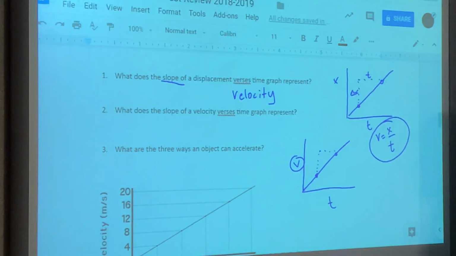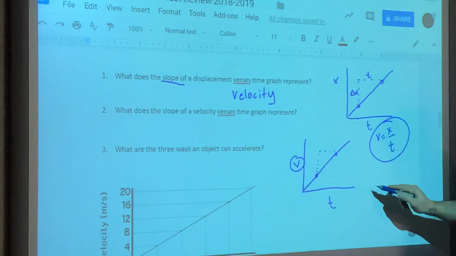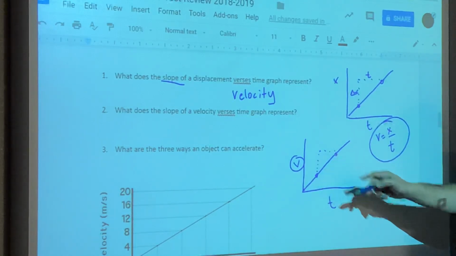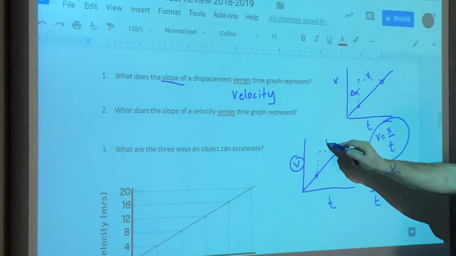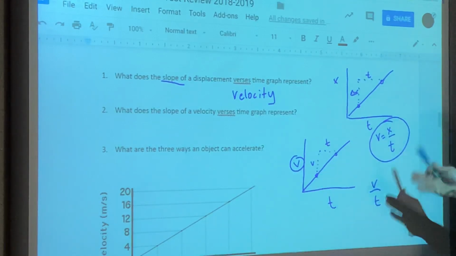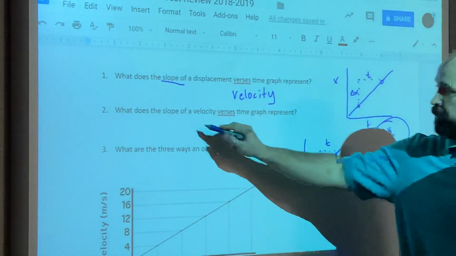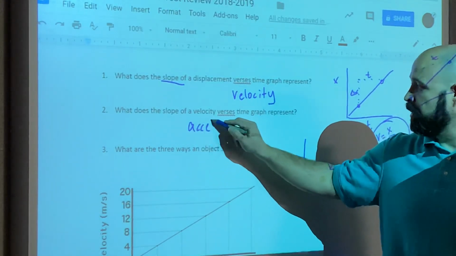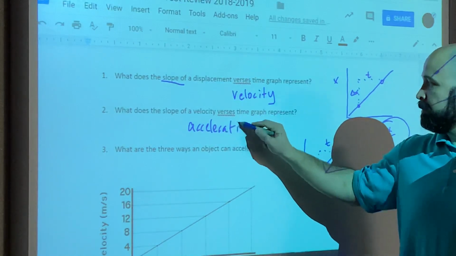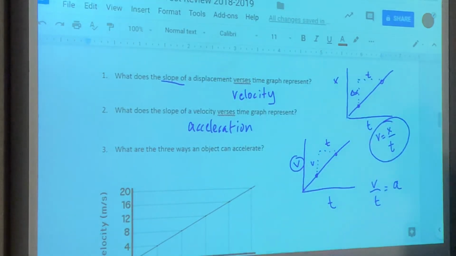Rise over run. So instead of saying rise, I'm going to put velocity over time. The run is time, right? So rise over run would be velocity over time. That equals your acceleration. So the slope of a velocity versus time graph is acceleration. Okay?